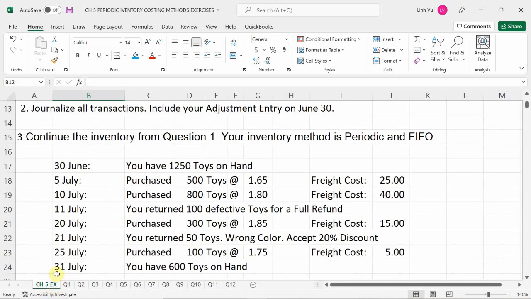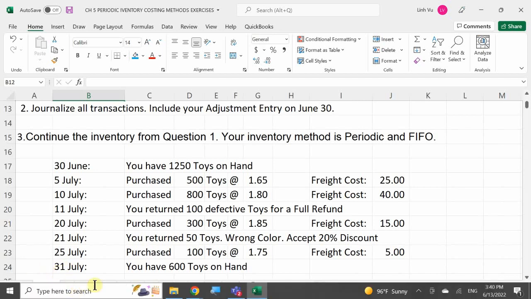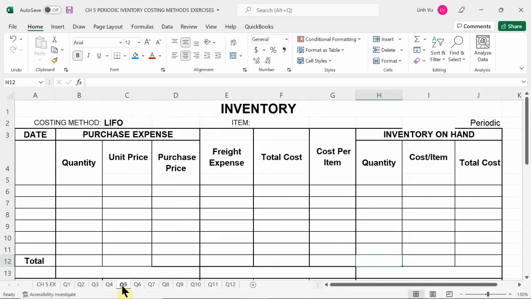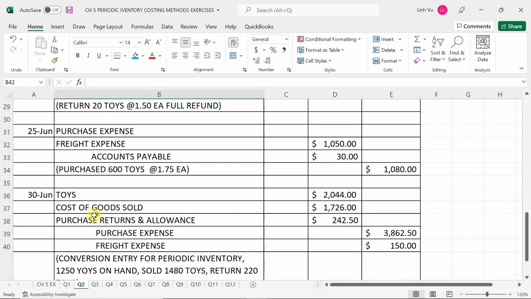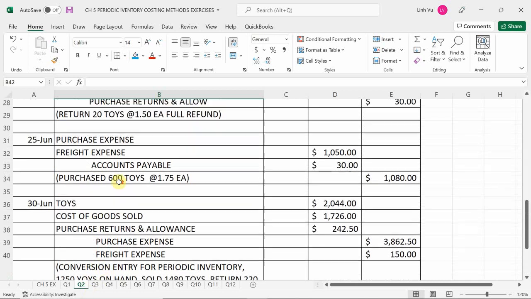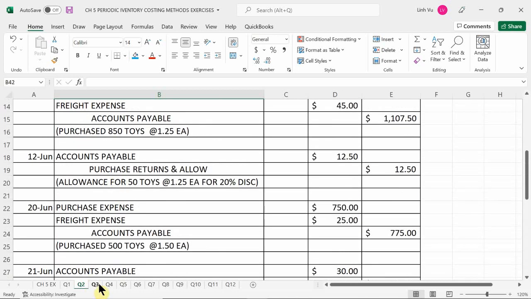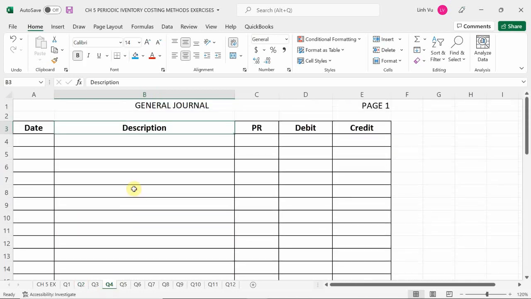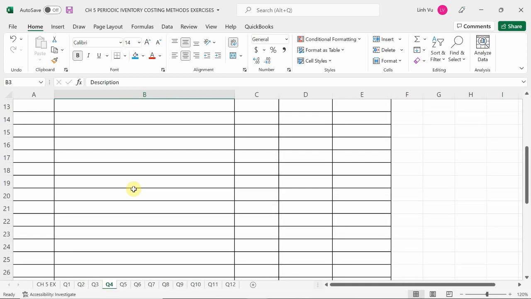So then on July 5th, we end up purchasing another 500 toys at $1.65 with the freight costing $25. So 500 at $1.65 and our freight of $25. Now, as we go into our inventory worksheet and practice here, I want you to practice that on your own, because honestly, it's rinse and repeat.